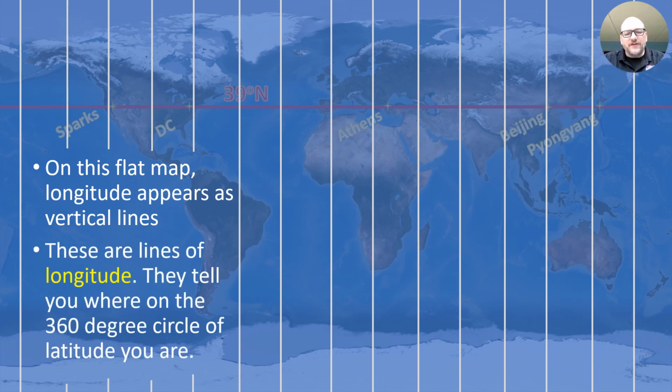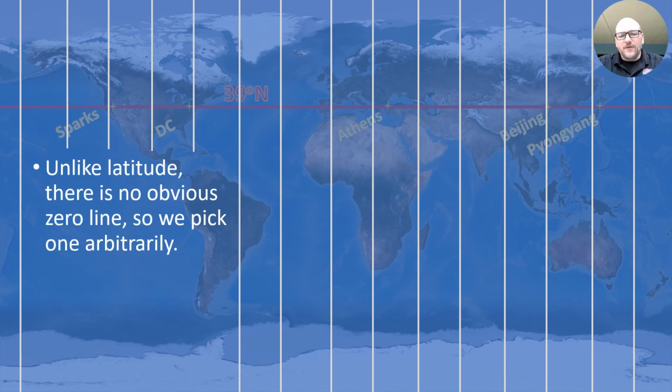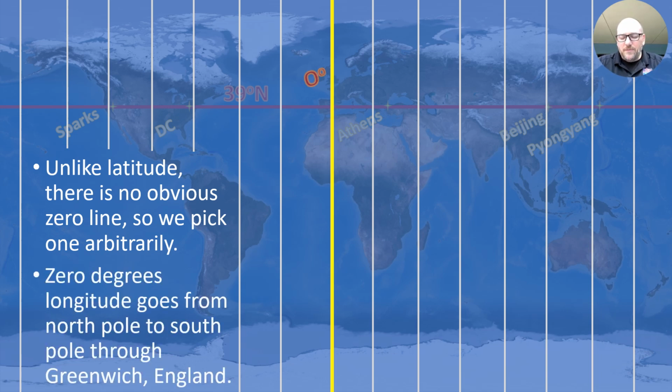The problem with longitude is it's a little more confusing because there's not an obvious zero longitude. We have to pick one. We don't have an equator of longitude because the latitude of zero is halfway between the North and South Pole. So now we have to just kind of pick a longitude and call it zero. And we did. We picked a line that went through Greenwich, England years ago, and this is 0 degrees longitude.